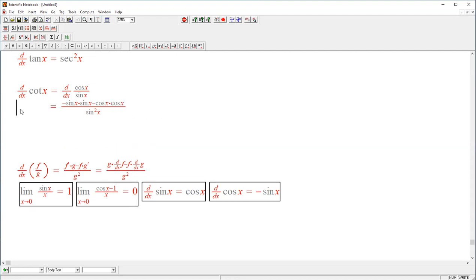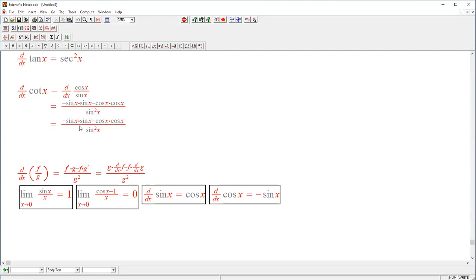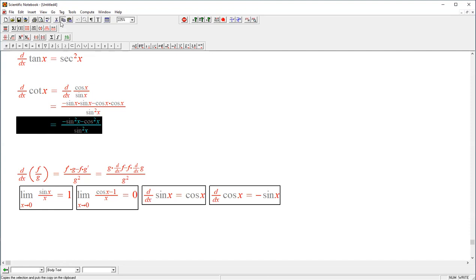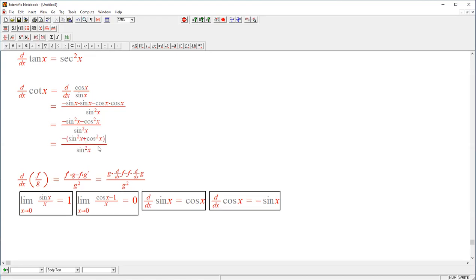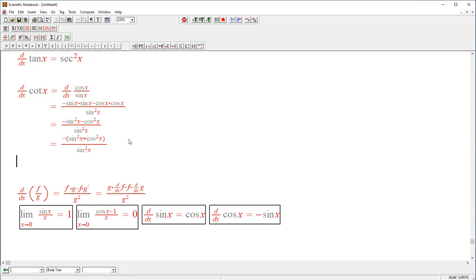This way we got a negative of sine squared, and we got minus cosine squared of x. And factored out the negative sign, right? We insert parentheses here. And that is minus 1 on the top.